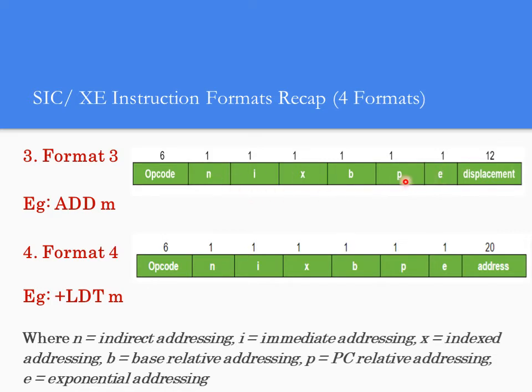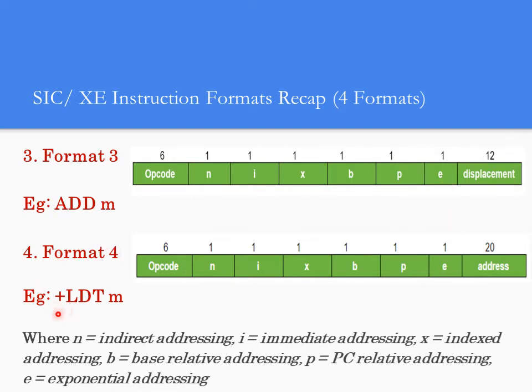And all other bits correspond to each of the addressing modes which we have in SIC-XC. N stands for indirect addressing, I stands for immediate addressing, X stands for indexed addressing, B stands for base relative, P stands for PC relative, and E is the extended bit, which is used to distinguish format 3 and 4.